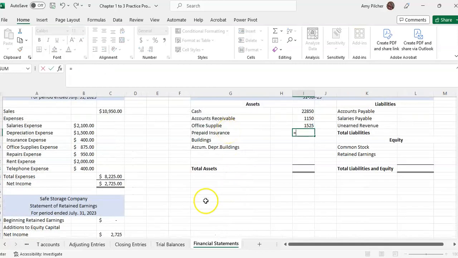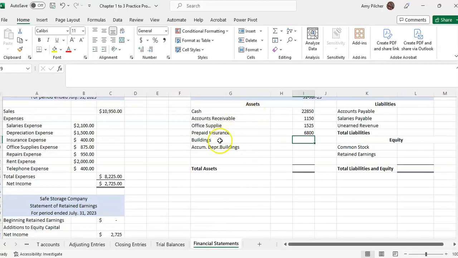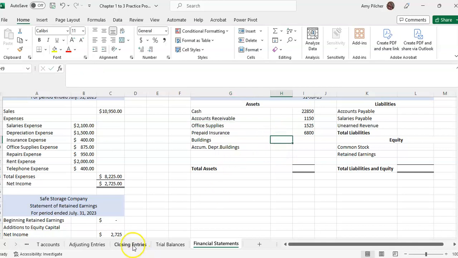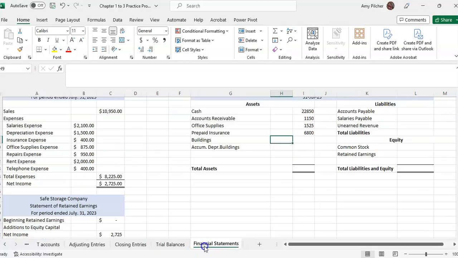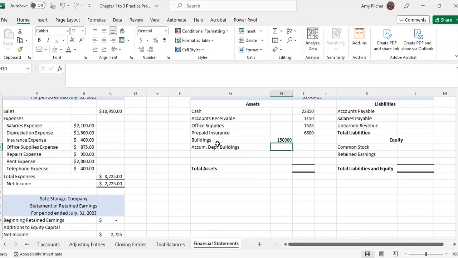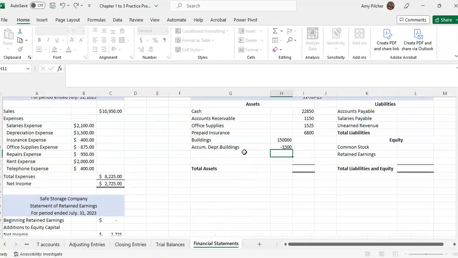The prepaid insurance. And then we have buildings. And our accumulated depreciation.